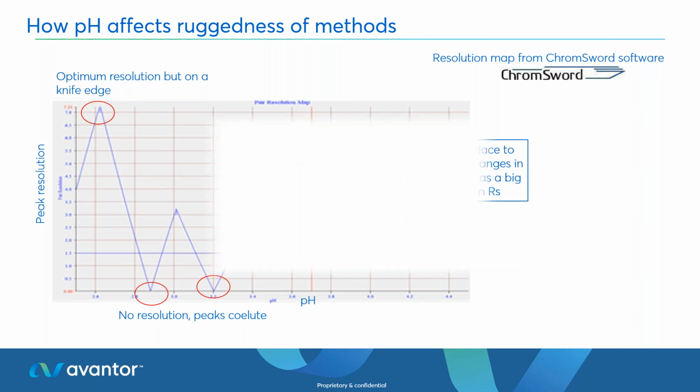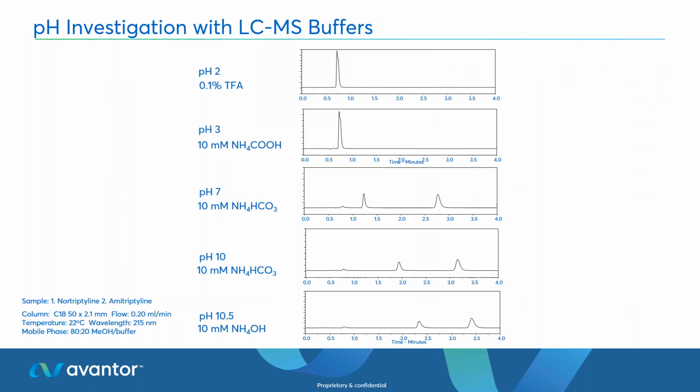So it's worth looking at different pHs. Obviously you have to work with different buffer salts when you're trying to achieve different pHs. So always be wary of the solubility of said buffers and your detection mode, because some buffers are not going to be LC-MS compatible.